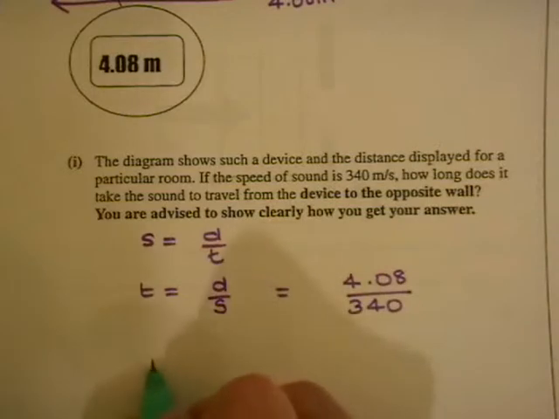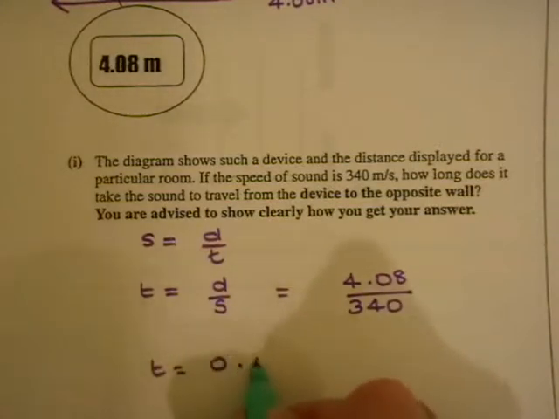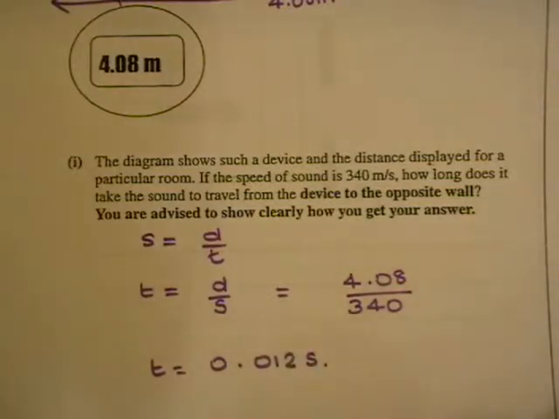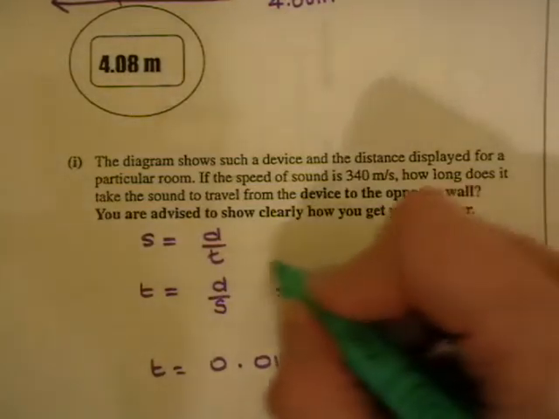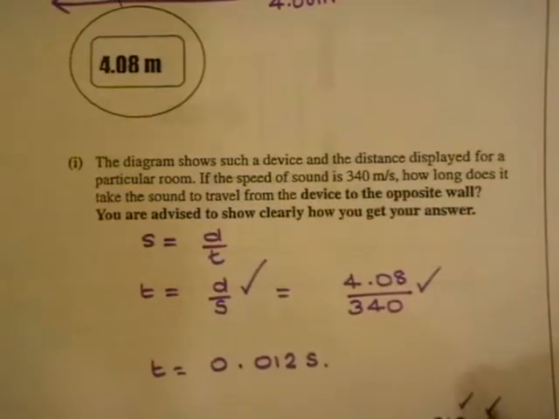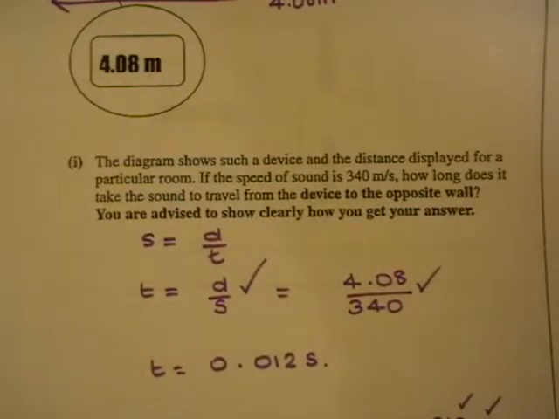And so the answer then comes out to be 0.012 seconds. And given that there's 4 marks here and no unit in here, then there's definitely a unit mark. And those are what your marks are going on: your seconds, your answer, your calculation, and your rearrangement of your equation.